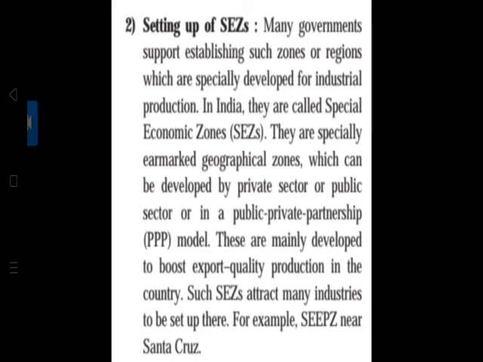It's an industrial zone, definitely meant to motivate industrialists and entrepreneurs to produce good export quality products. The example we studied is SEEPZ, which is near Santa Cruz. Santa Cruz is in Bombay. It's a very busy market, and a very well-known place in Bombay for various reasons.